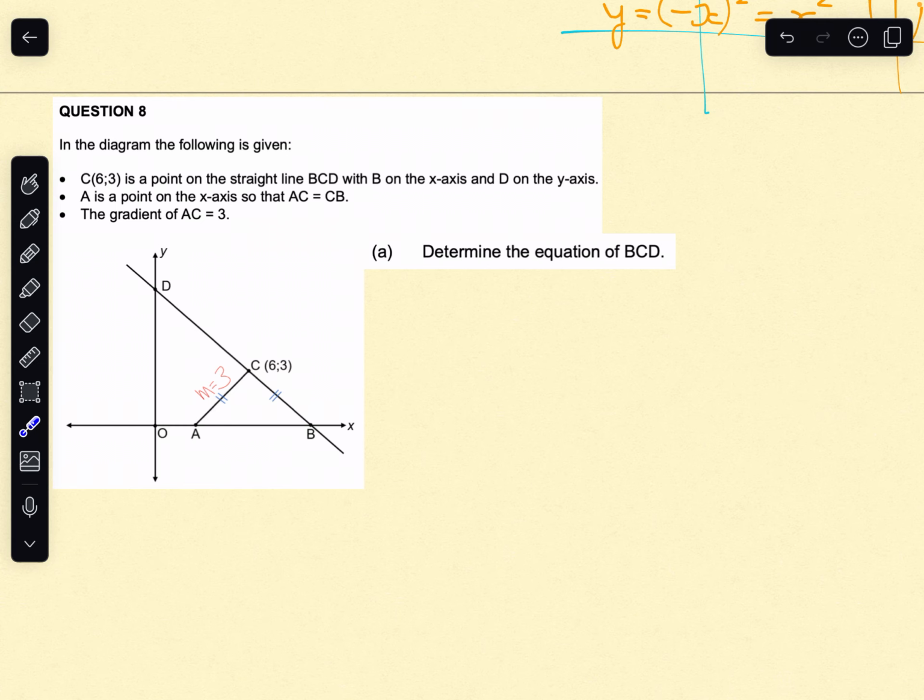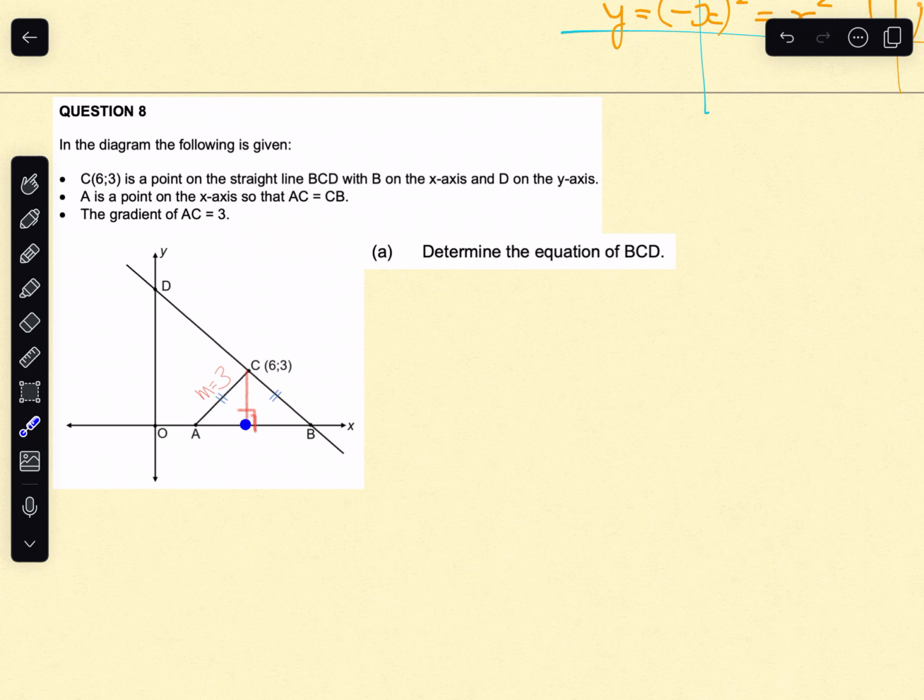Let's see, is there a simpler way to do this? Potentially. I feel like maybe we can draw a line, because I'm feeling like maybe congruent triangles. If I draw a perpendicular line here, then these two triangles are congruent because of RHS.